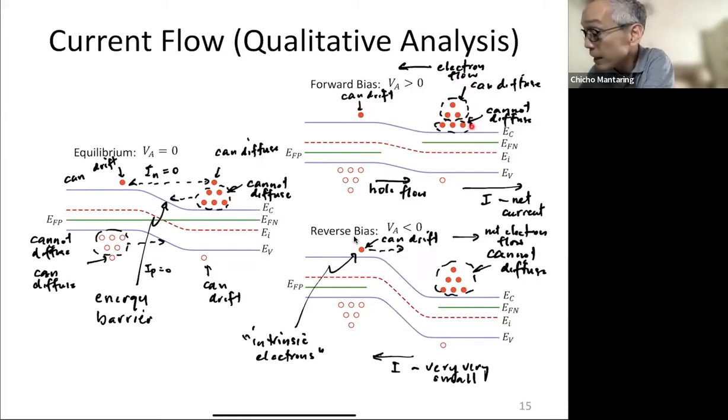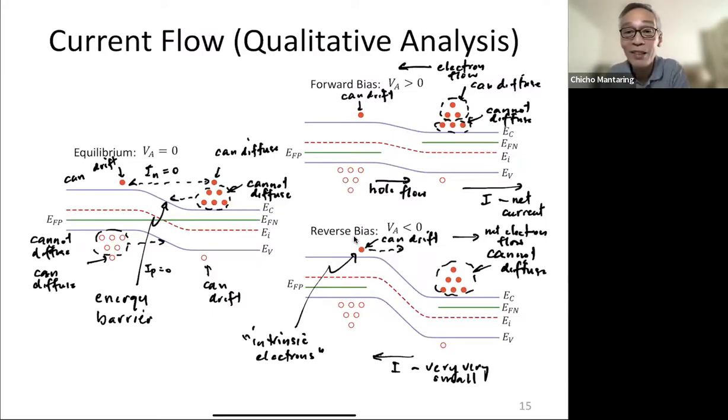And therefore there's a tendency for these electrons to diffuse. And they can diffuse because they have enough energy, no? These electrons have enough energy so that kahit na nandito siya sa kanan, okay, it will be able to surmount this hill.